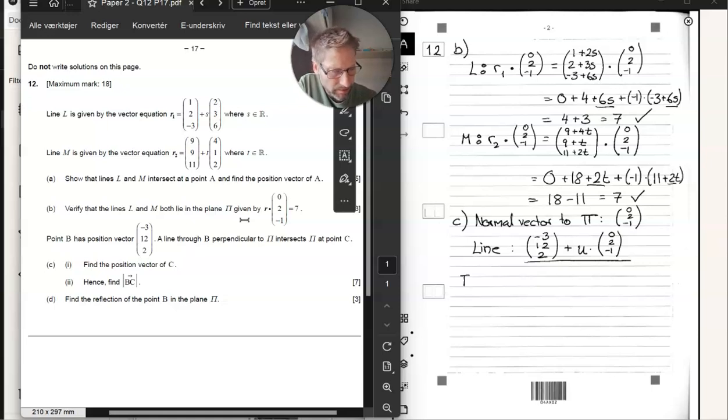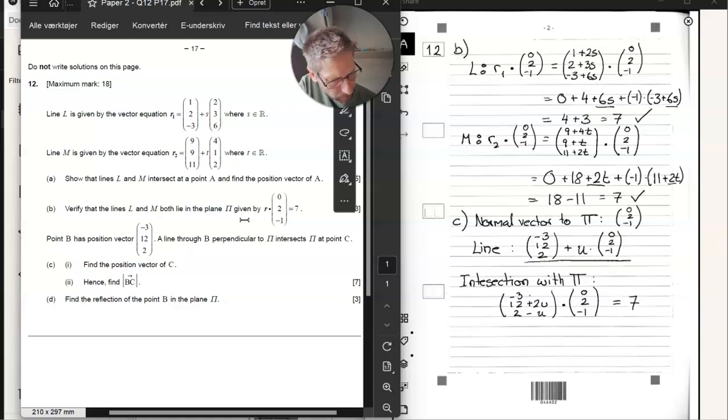So intersection with pi happens when -3, 12, 2 plus 0u, so I'm not going to write that, but here plus 2 times u, and here minus u, dot 0, 2, -1 has to be equal to 7.